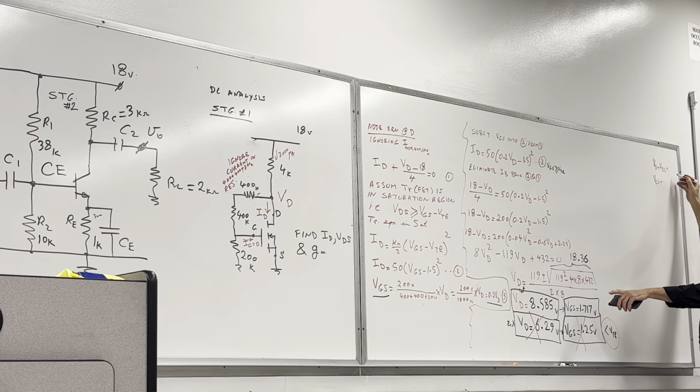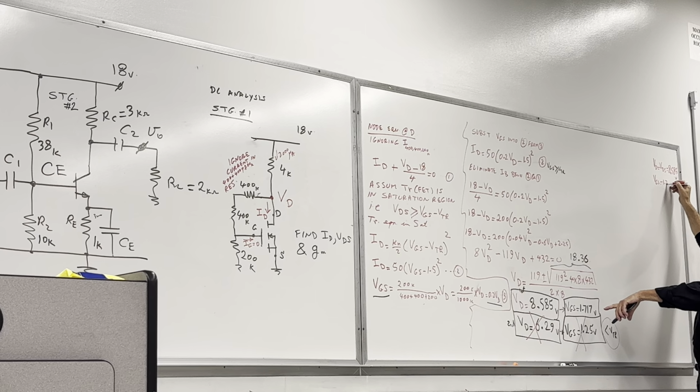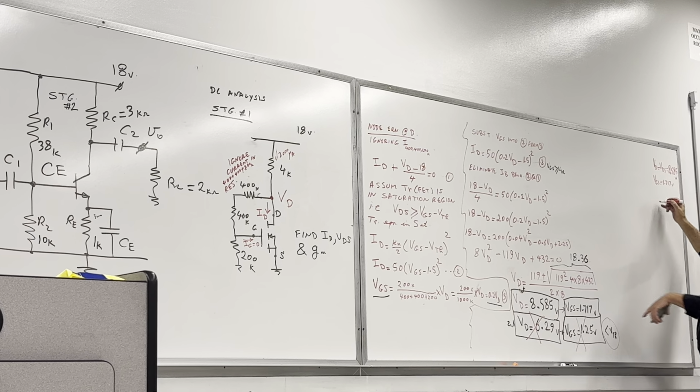VD is equal to 8.585 volt, of course. VGS is equal to 1.717 volt.